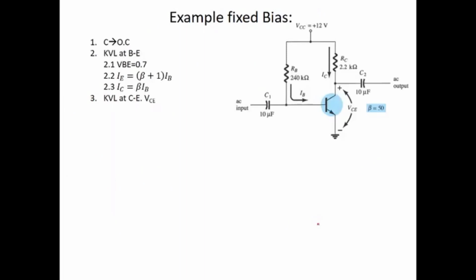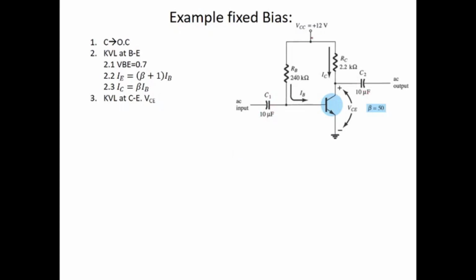Let's go to the example of fixed bias. This is a fixed bias circuit. There is no resistor at the emitter. We have collector resistor and base resistor, and at the input we don't have any source, but we have capacitor C1 and capacitor C2.